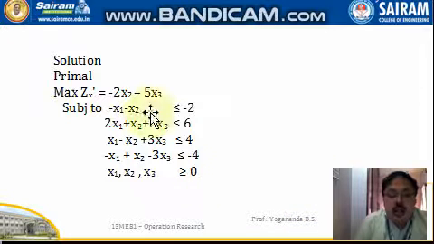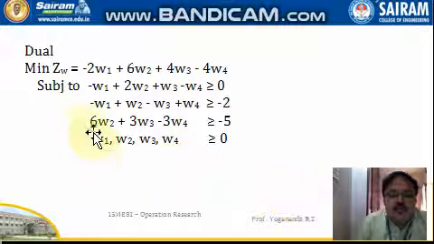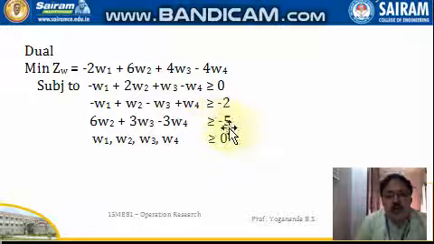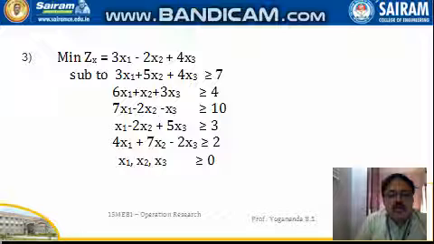Then here we don't have x3, so 0, 6, 3, minus 3. So it is 0 w1 plus 6 w2 plus 3 w3 minus 3 w4 greater than or equal to minus 5, and the dual variables w1, w2, w3, w4 greater than or equal to 0.